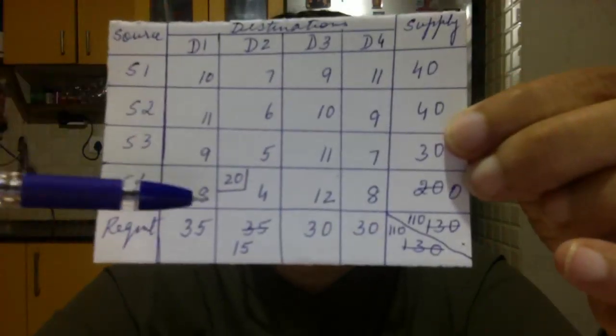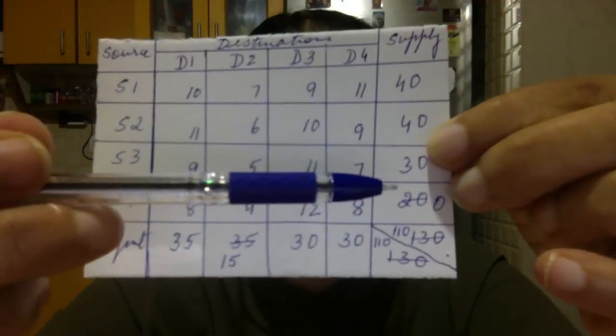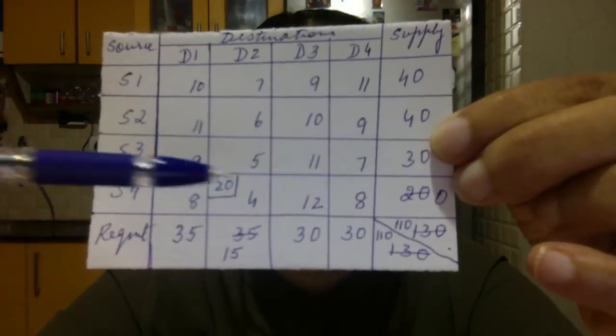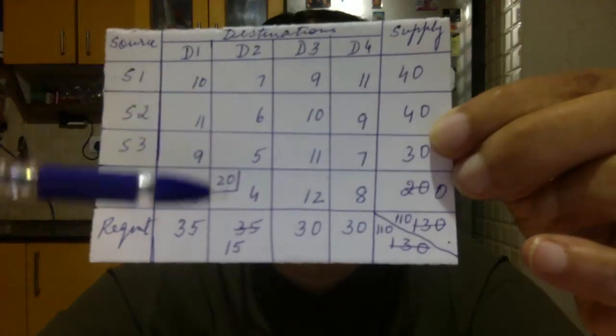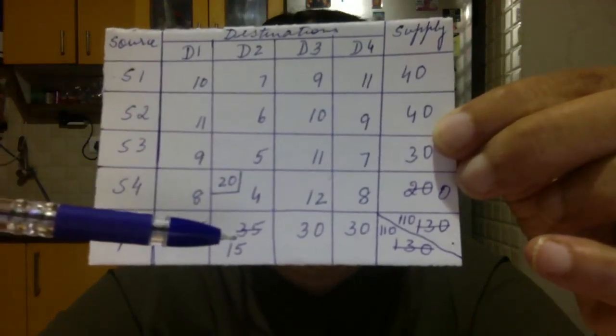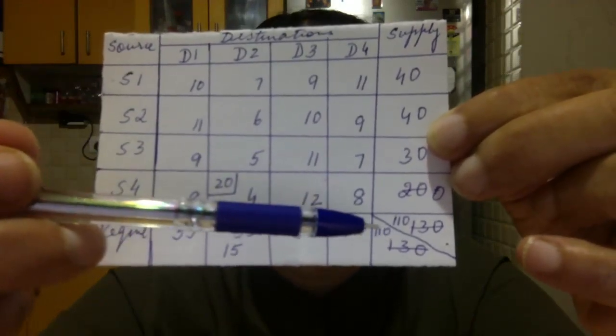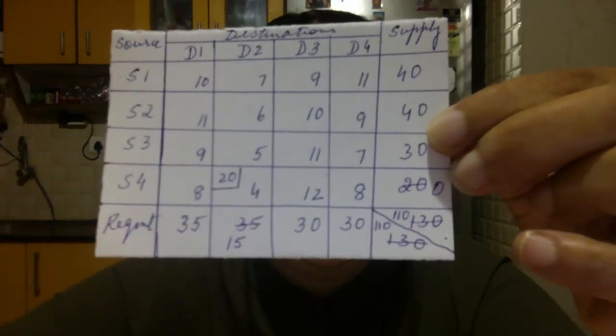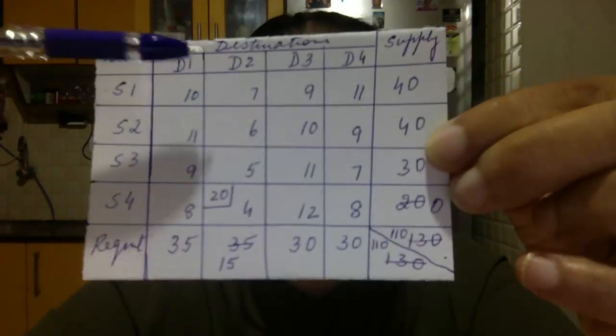So the 4 things I have done. I have given 20, gone here, struck off 20, made 0. Third step, D2, 35 became 15. Here 130 became 110.